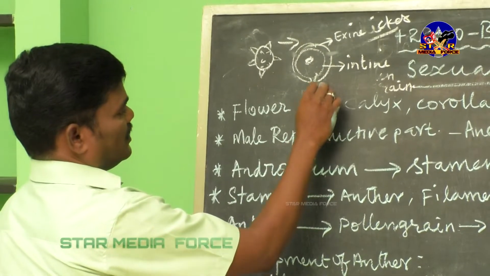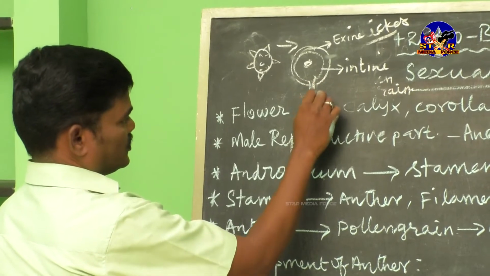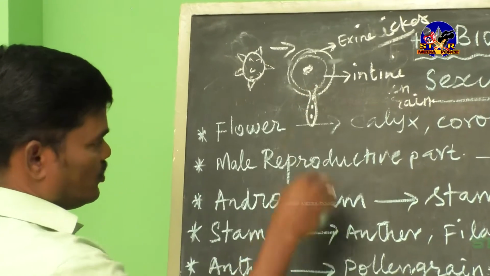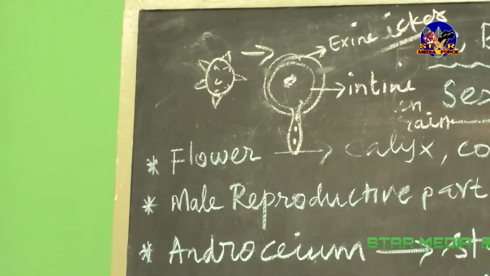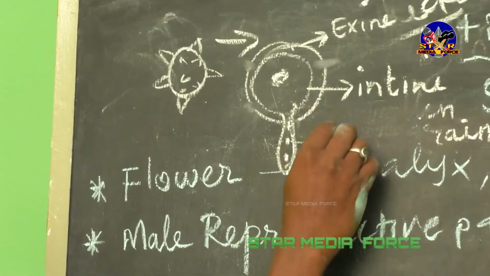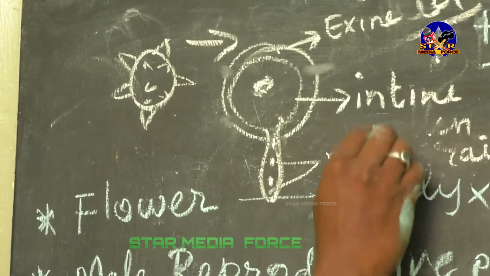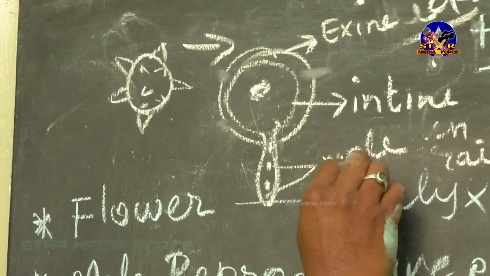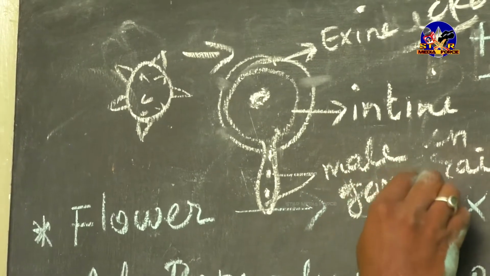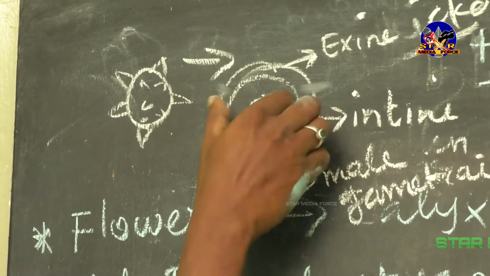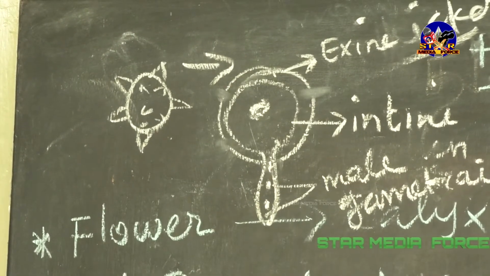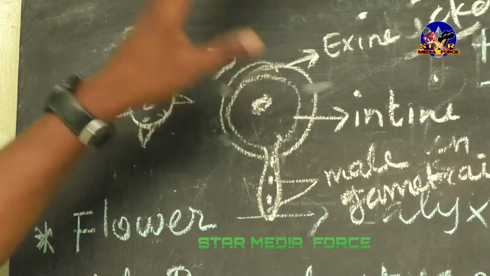This again divides into 2. So totally, in the tube itself, 3 nuclei are there. So 2 are male gametes. That's why this total structure is called the male gametophyte.